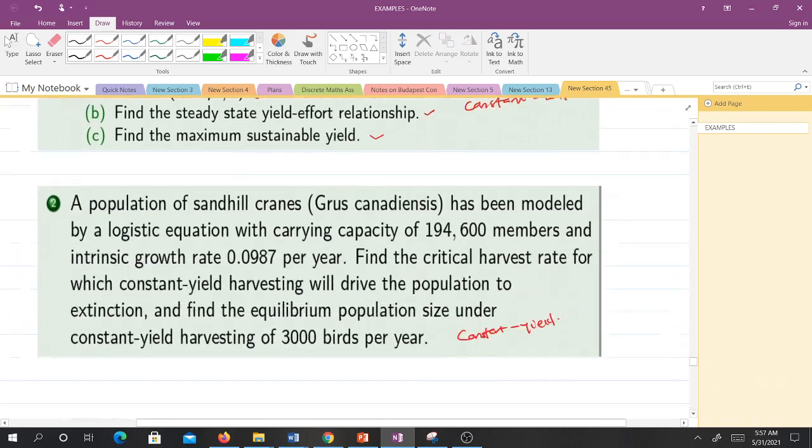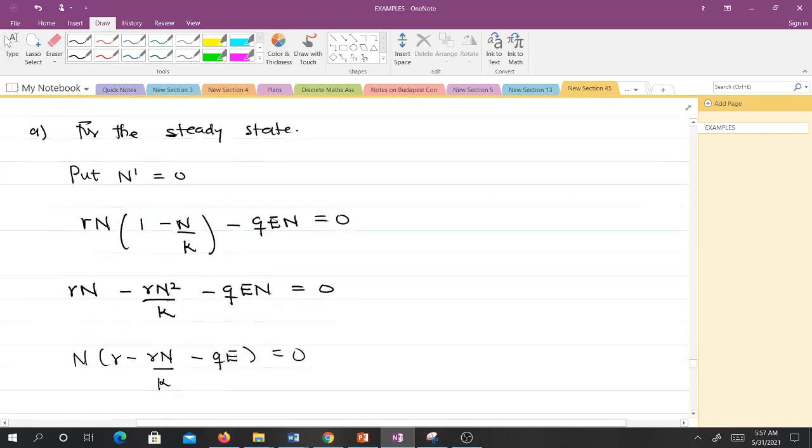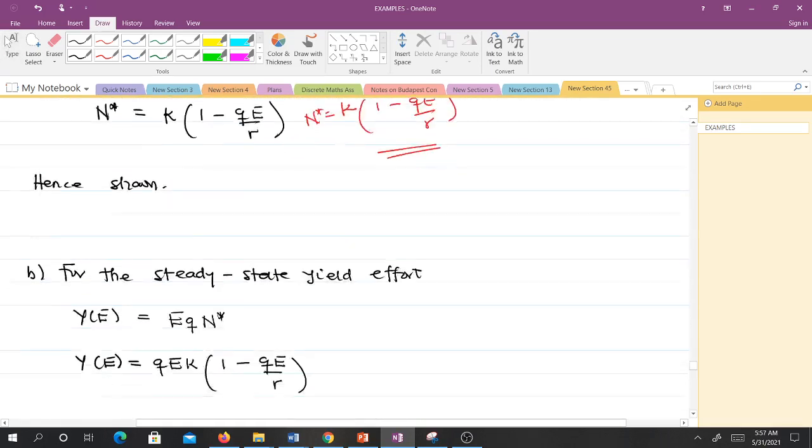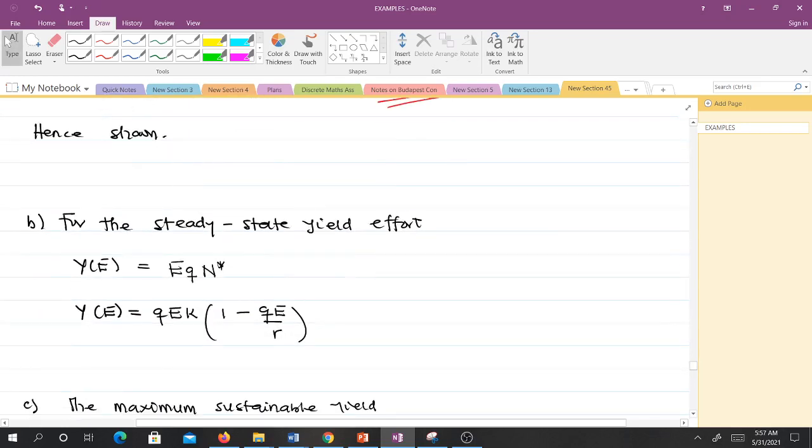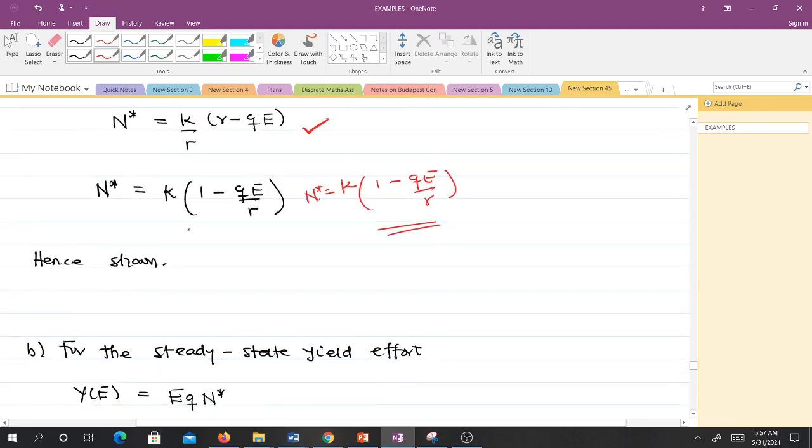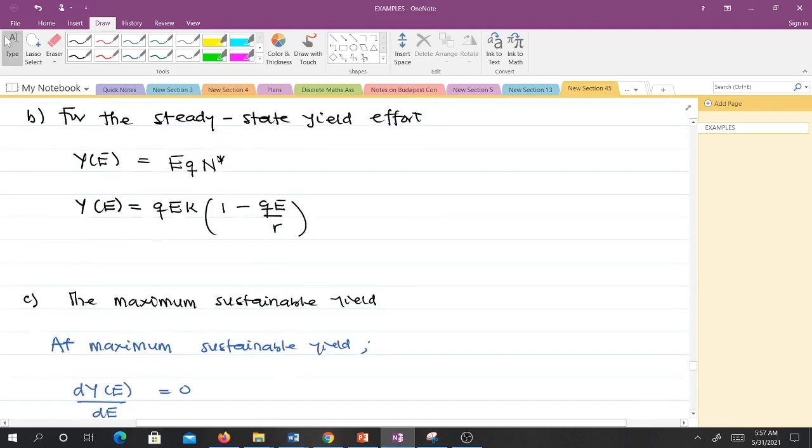So that means that with this question, for the steady state yield effort, Y of E will be equal to QE times N star, where N star happens to be the steady state that we just found. Okay, so when we make substitution, we will get Q times EK multiplied by 1 minus QE over r. And that's it. That's very simple. Okay.